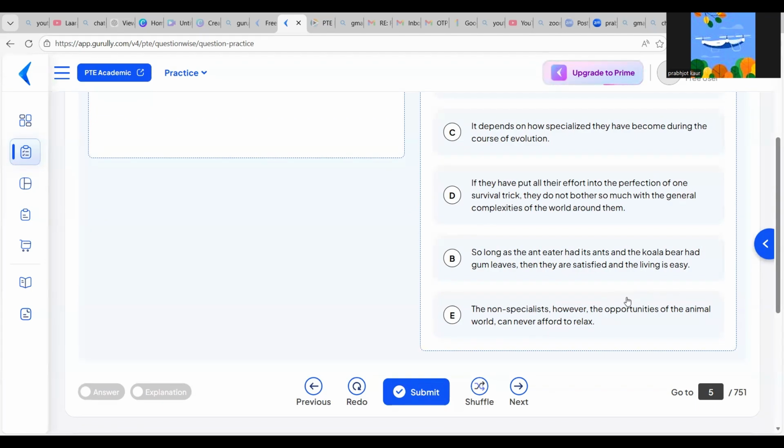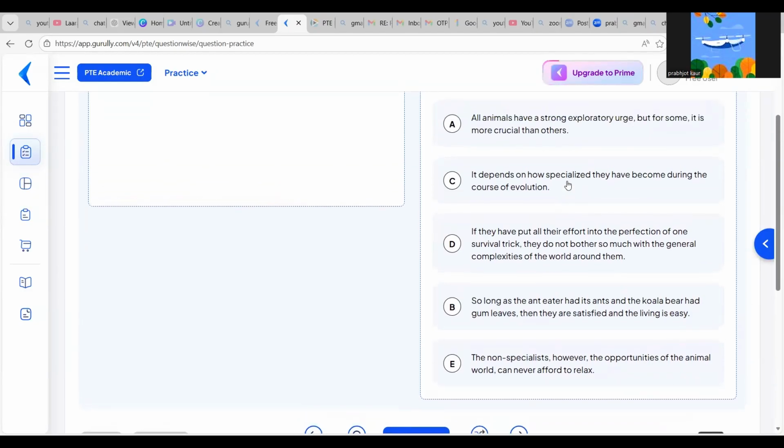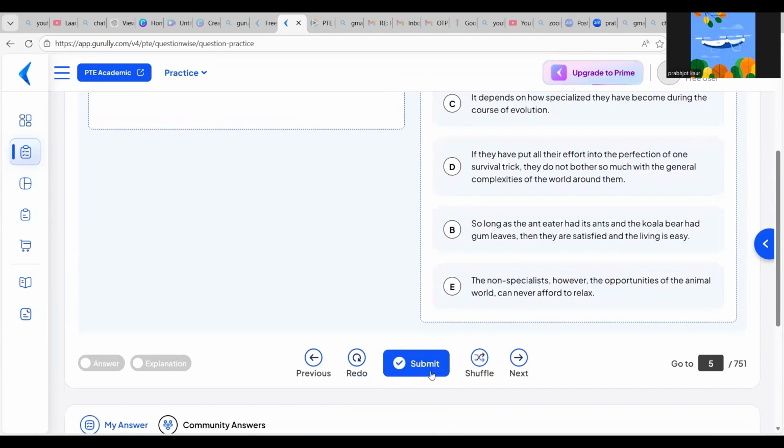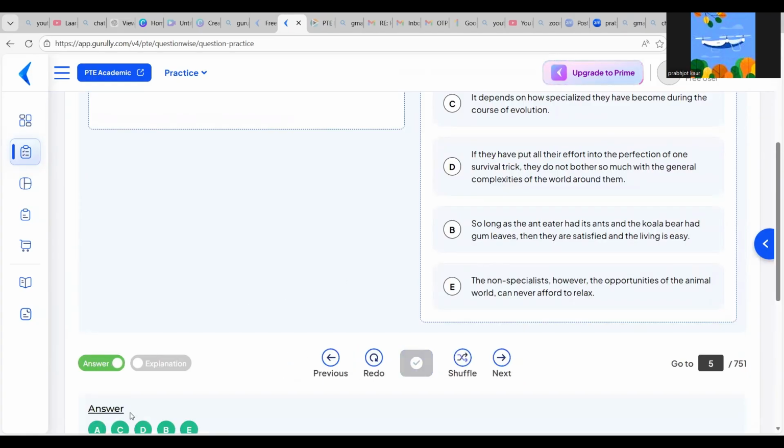So this cannot go there, we cannot write it first, because here is the mention of 'however', and this is completely opposite of this sentence. And we should check the answers: A, C, D, B, E.